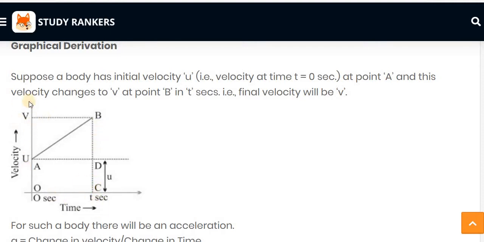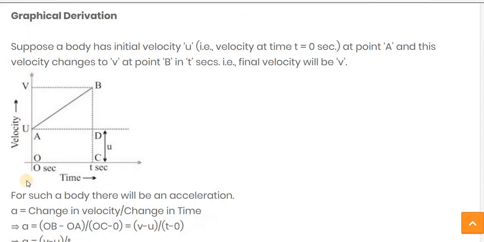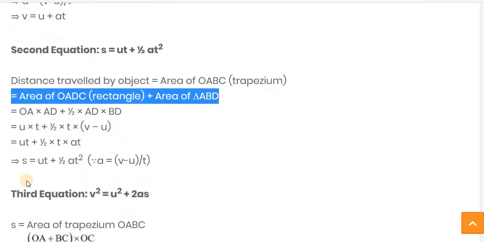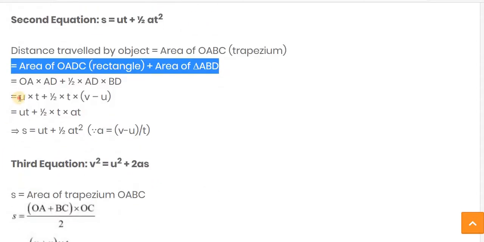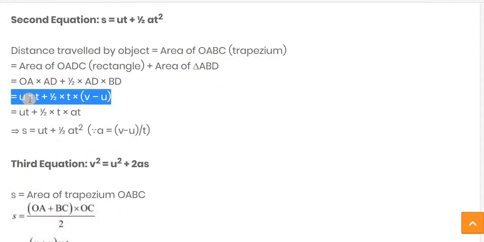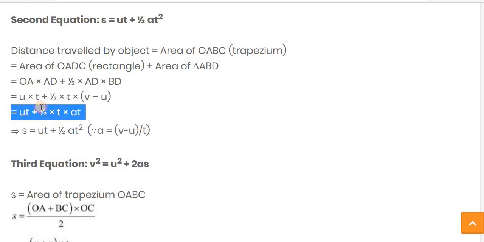So instead of that we write v, and OA is u. Keeping these values, we get u into t plus 1/2 into t into (v minus u). Multiplying, we get ut plus 1/2 into t into (v minus u) is equal to s.